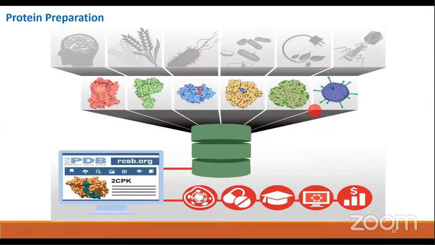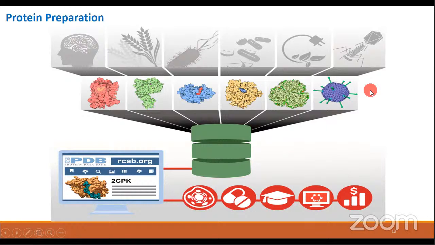But what are the sources for getting a three-dimensional protein? It can come from Homo sapiens, plants, bacteria, viruses, fungi, or DNA, RNA; anything can be a source.